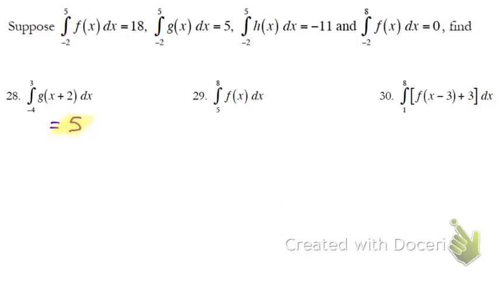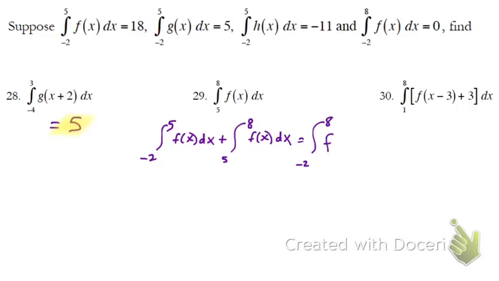Well, I'll show you two ways. We could either say the integral from negative 2 to 5 of f of x dx plus the integral from 5 to 8 of f of x dx is equal to the integral from negative 2 to 8, almost as if we didn't stop at that breaking point, of f of x dx.